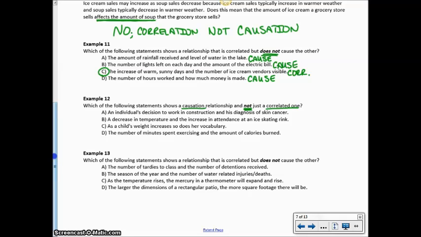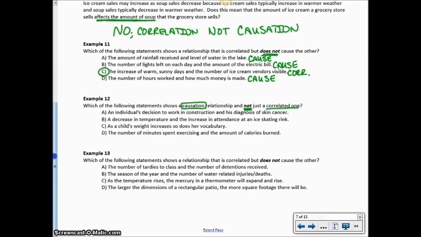So we want a causation this time. So A, an individual's decision to work in construction and his diagnosis of skin cancer. So if an individual works in construction and he has skin cancer, did his construction work cause him to get skin cancer? It doesn't necessarily cause him.